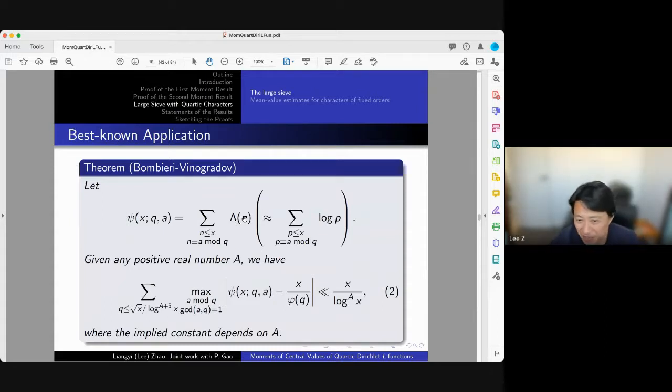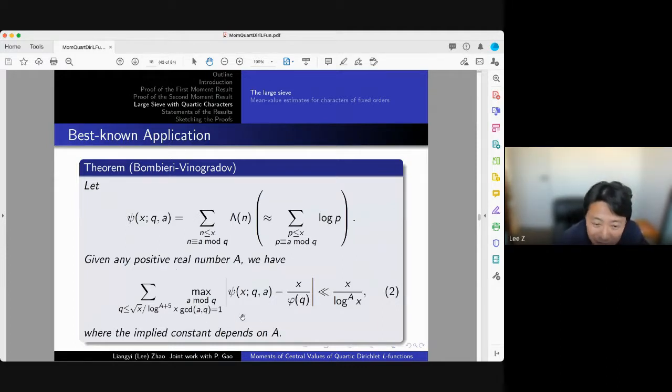So this is log p if n is a prime power p to the power k, and 0 otherwise. So we're looking at all n's that are congruent to a mod q. So we're basically looking at all primes that are congruent to a mod q, so primes in arithmetic progressions. Think of log p as 1 or something, just to make your life a little bit easier. So we're basically looking at the number of primes less than x that are congruent to a mod q.